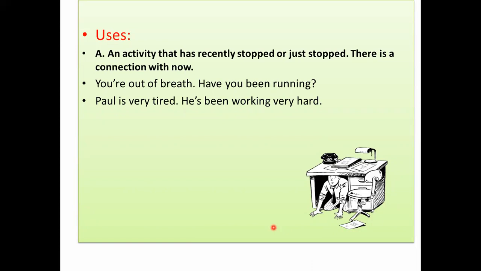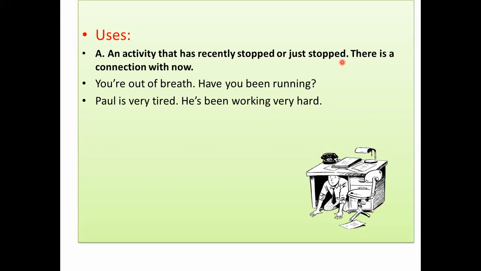The first use of the present perfect continuous can be used to express an activity that has recently stopped, or just stopped. There is a connection with now. So in this regard, the present perfect continuous shares this function with the present perfect simple.